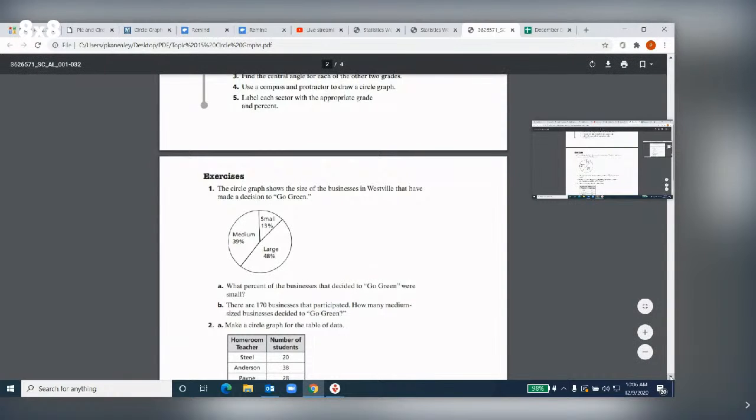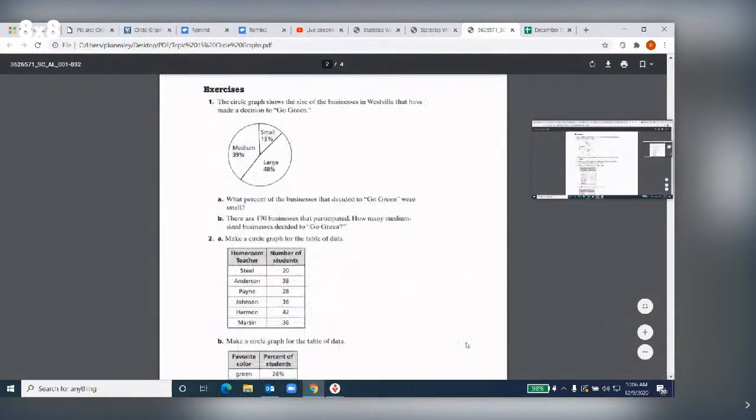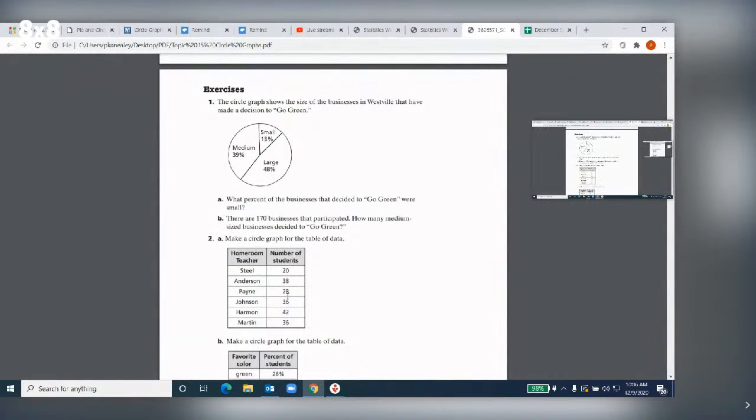This one down here, you probably won't have to do this on the test, but if you got 2A here, with all this data, I think this probably adds up to 200%. You would just do a pie graph, find a percentage, and divide the circle into 5 different pieces.